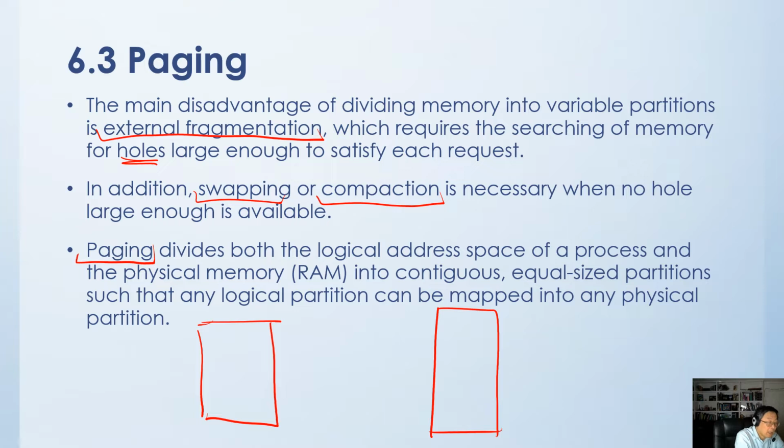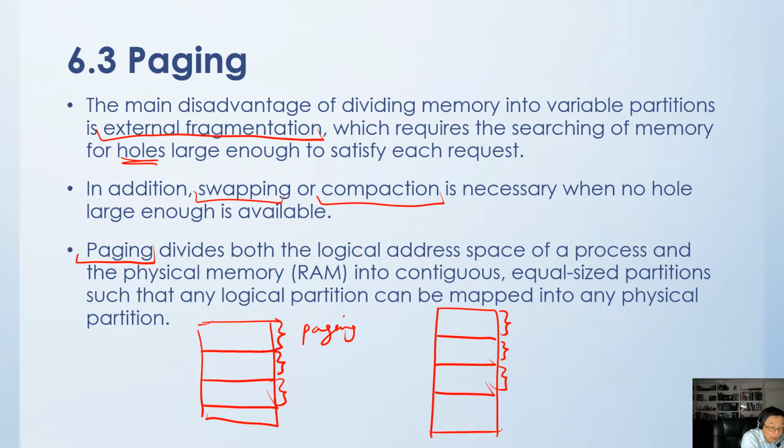We divide the logical address space into partitions of the same size, and we also partition the physical memory with the same size. Each partition in the logical address space is called a page, and the corresponding partition in the memory is called a frame. So, pages and frames.